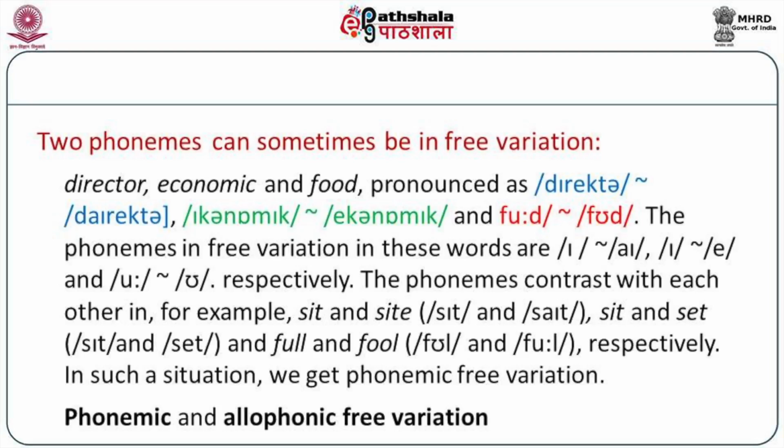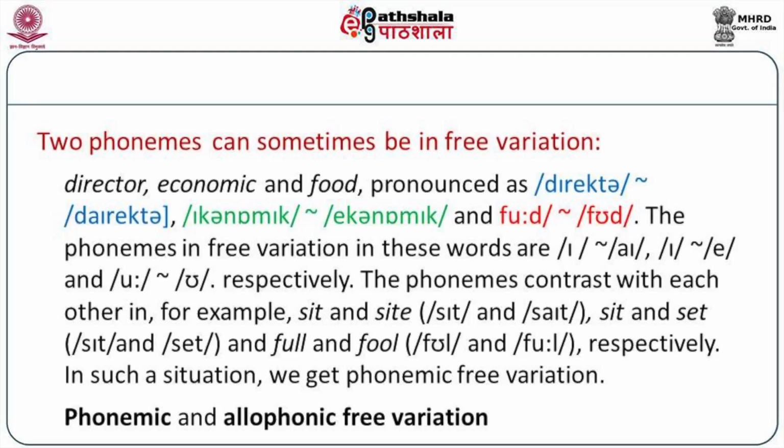The phonemes in free variation here are E versus I, E versus A, and U versus U. That is the long U versus the short U. These sounds are actually phonemes because they occur in contrastive distribution in words such as sit and sight, sit and set, and full and fool. In such a situation then we get phonemic free variation.